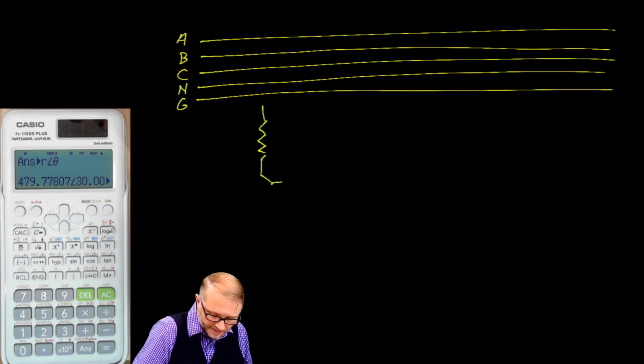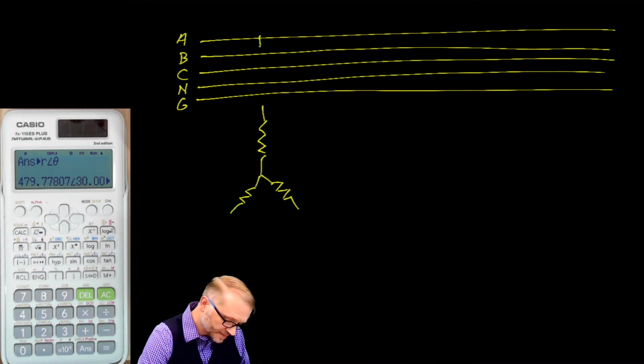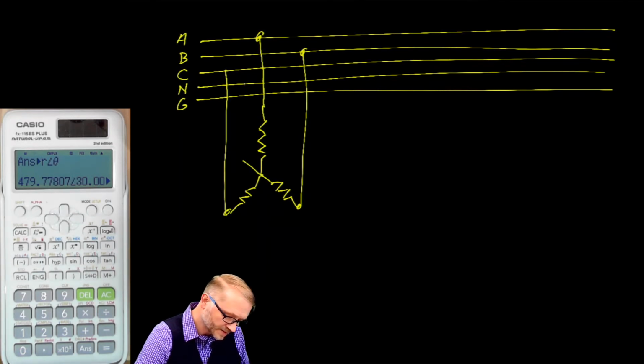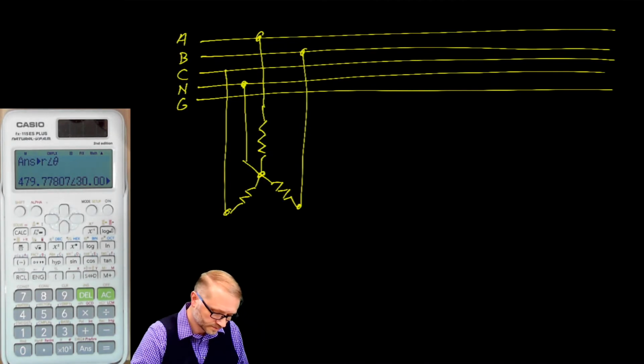Probably not in real life, but we'll show them that way anyway. We'll let this be phase A. Here's our connection to phase B and our connection to phase C. And we may as well add the neutral in there as well. Okay, so there's our heater.